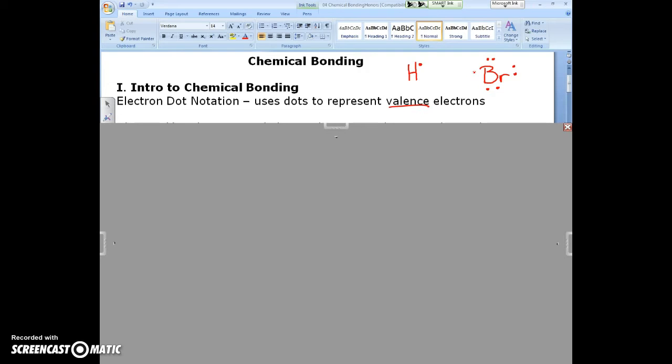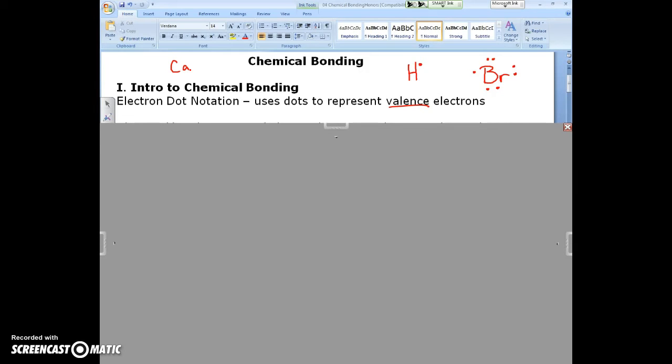And when they become ions, they're going to do whatever makes it easier to get to 8, whether it's gaining electrons or losing electrons. Whatever's easier is what they're going to do. So if we look at calcium, just over here, calcium is in group 2, and so it has 2 valence electrons.